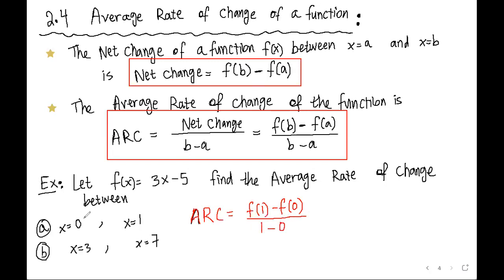So this is my a, this is my b. Now I plug inside the formula. F of b is f of 1 minus f of a is f of 0, over b minus a, which is 1 minus 0.